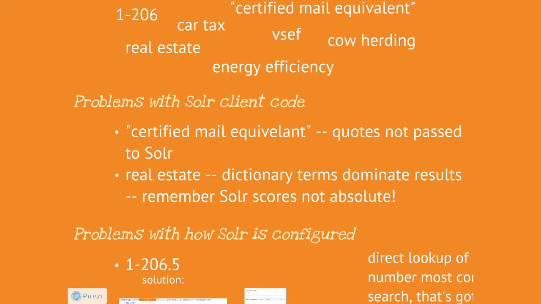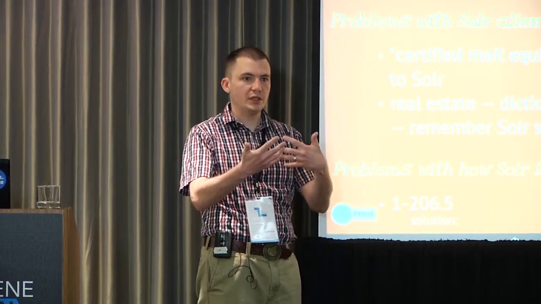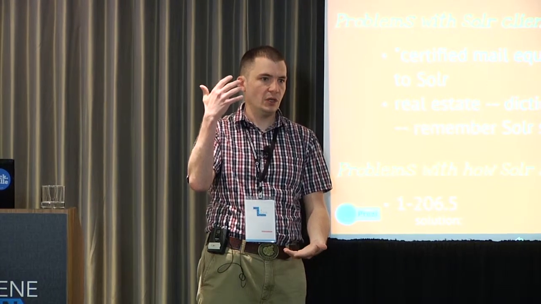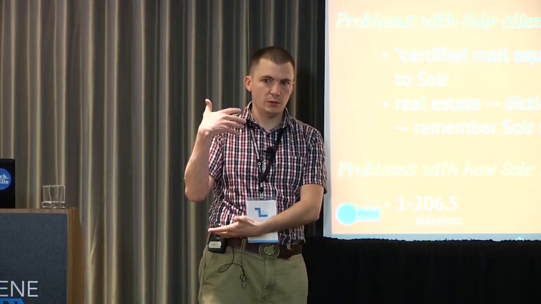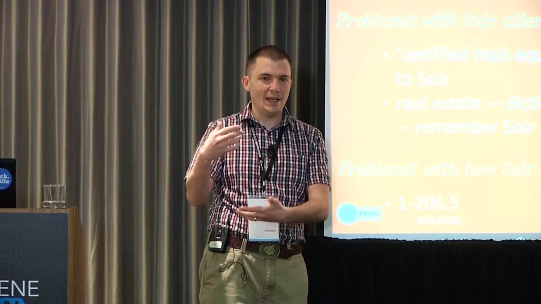The query real estate is interesting because of the results coming back: in his current application, we get dictionary terms collated with the actual laws. And I don't know if everyone realizes this, but scoring in Solr is relative. So for a query like real estate, you'll sometimes get nothing but dictionary terms and no laws related to real estate for a while.